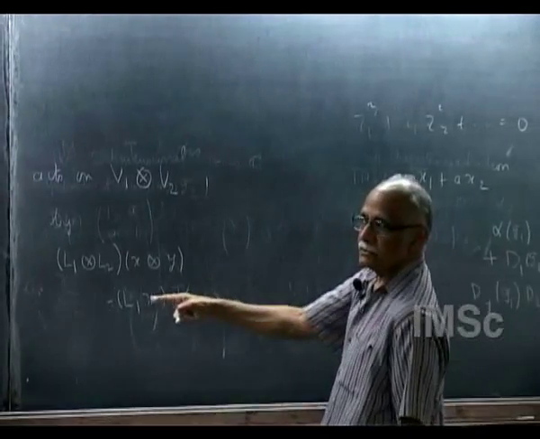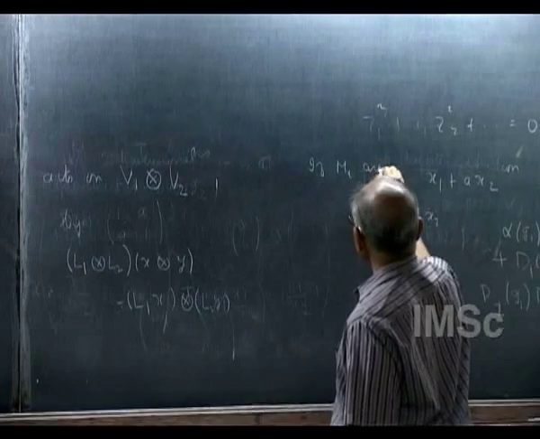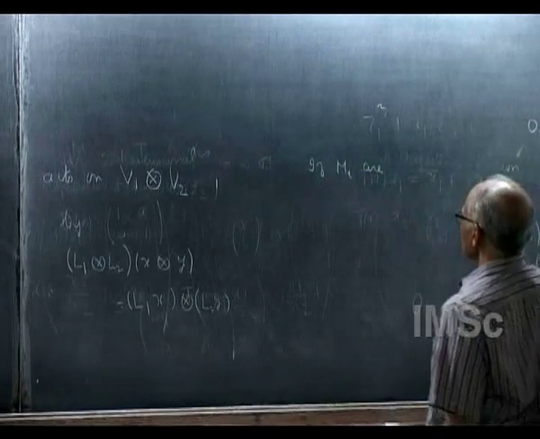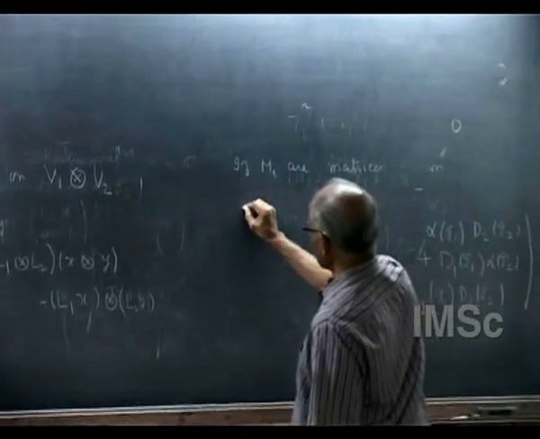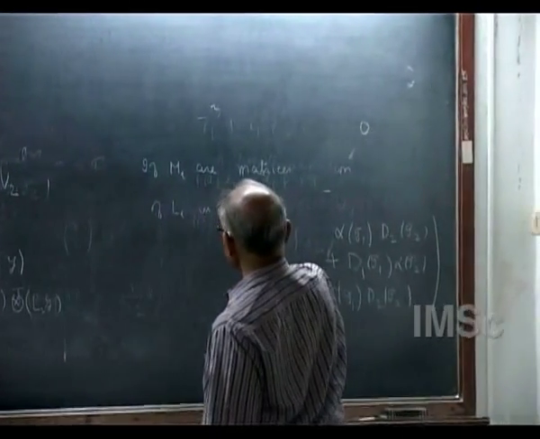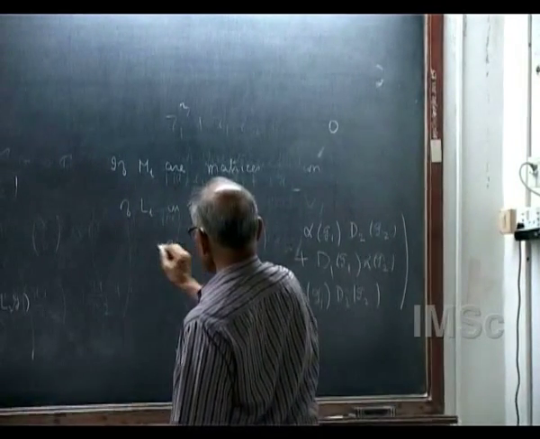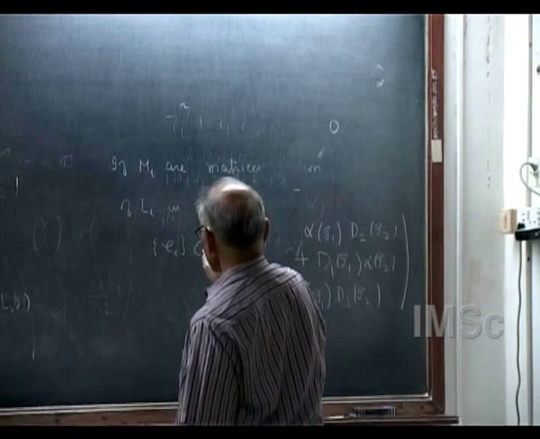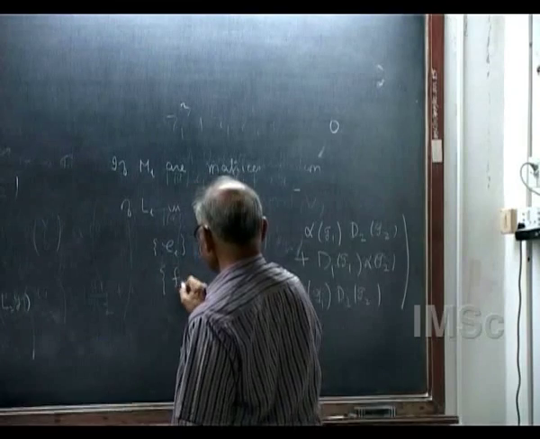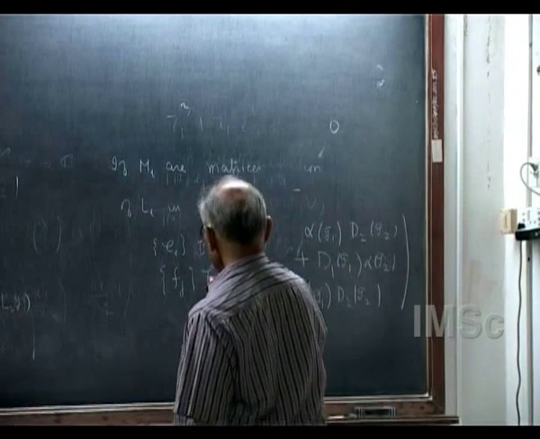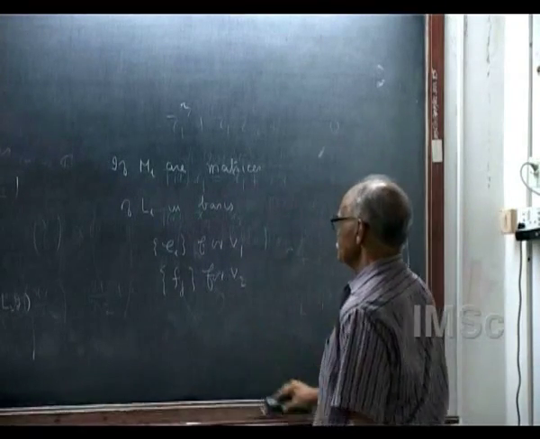The matrix, let us say Mi are matrices of Li in a basis. So, let us say Ei for V1 and Fj for V2, choose anything.